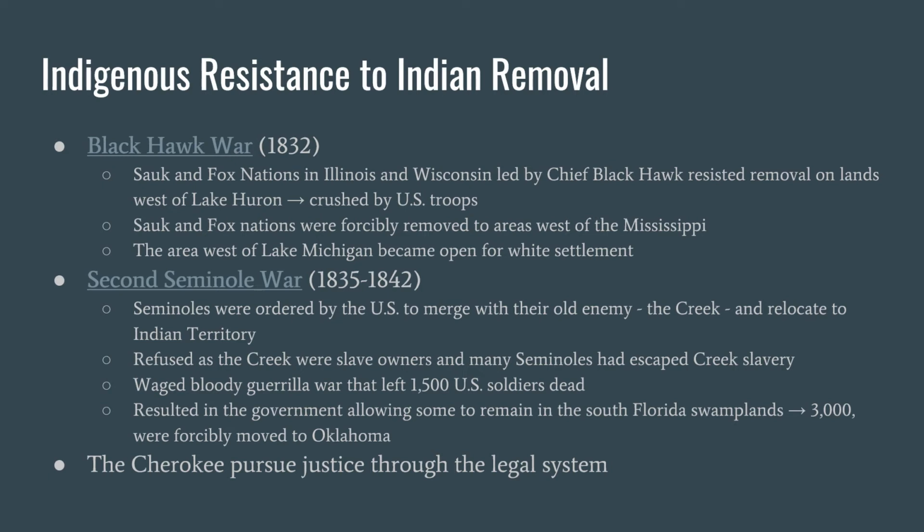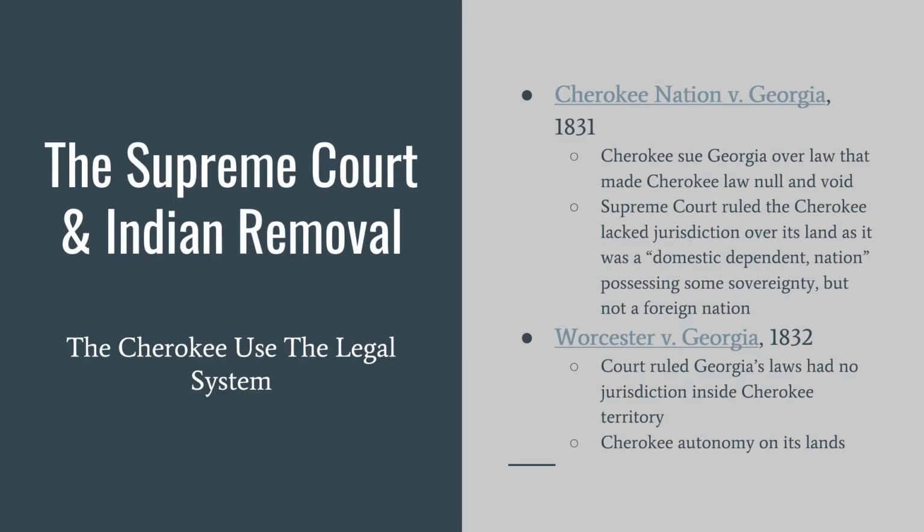And the Cherokee actually pursued justice through the United States legal system. So the Cherokee take 2 different cases to the Supreme Court in the hopes of keeping their homeland. In the first, Cherokee Nation v. Georgia in 1831, a year after the Indian Removal Act was passed by Congress, the Cherokee sued the state of Georgia over a law that made Cherokee law in their home null and void, or not enforceable.